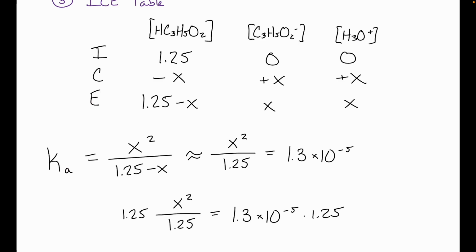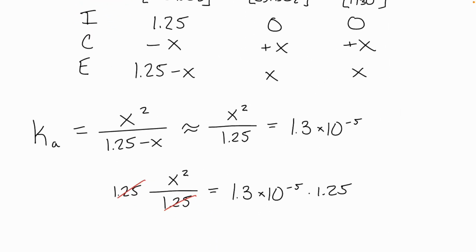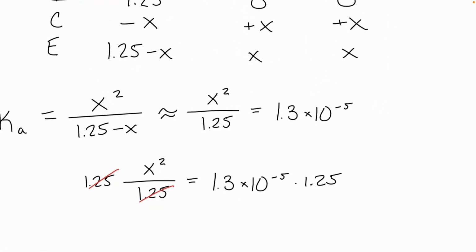You can do anything you want to an equation as long as you do it to both sides. So that gives me x squared equals 1.3 times 10 to the negative 5 times 1.25. And then I'm going to take the square root of both sides, and that will give me my value for x.